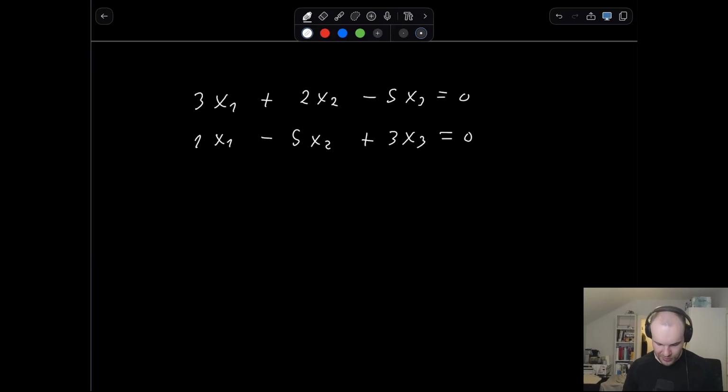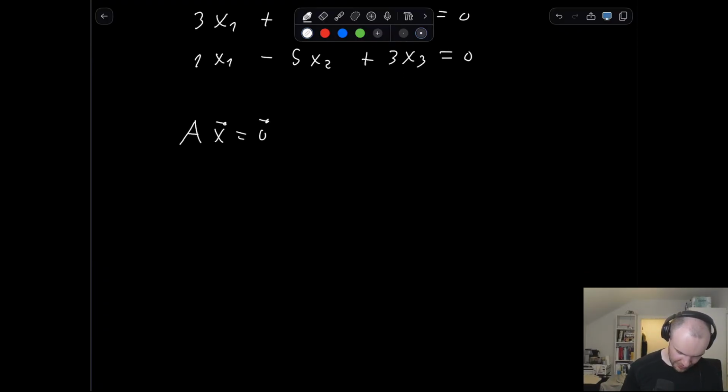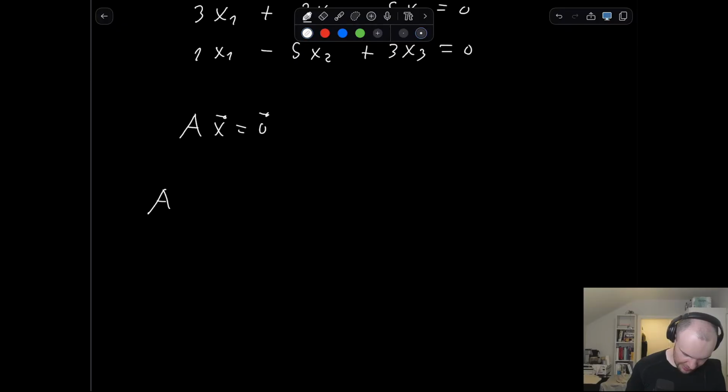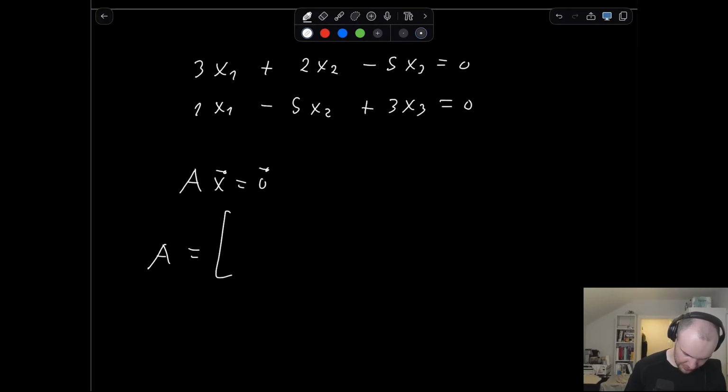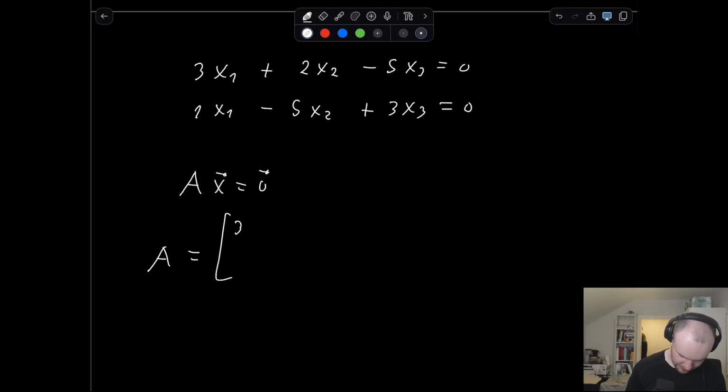Since we have 0 here, this is a system of homogeneous equations. And since it is that, we can write it as a matrix equation, Ax equal to the zero vector, where the matrix A is 3, 2, minus 5, 1, minus 5, and 3, like that.